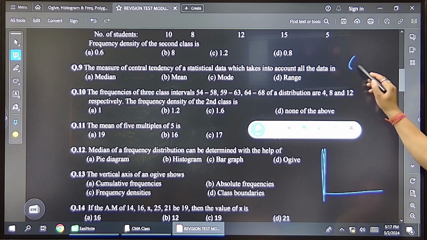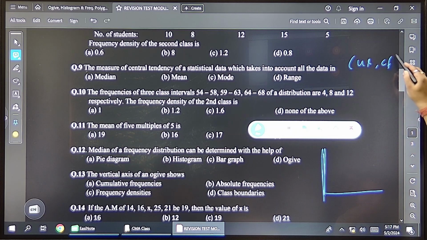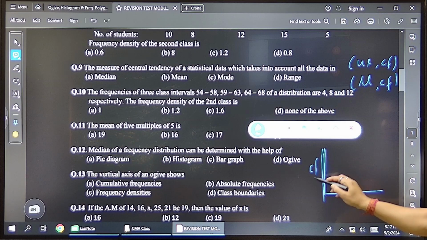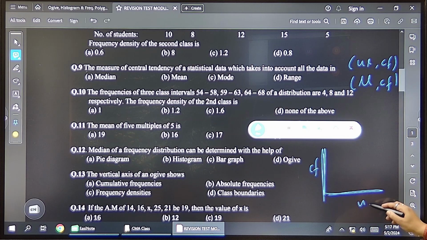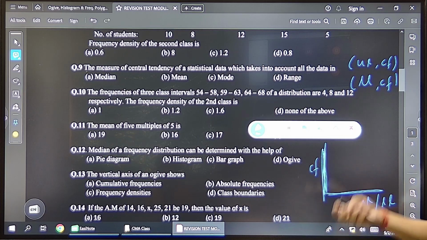How did you make it? Upper limit, CF. Lower limit, do you remember? Here we do cumulative frequency, here we do upper limit or lower limit. So the vertical axis shows the cumulative frequency. If you do not know the terms, just absolute frequency, nothing like that we are learning. Yes or no?